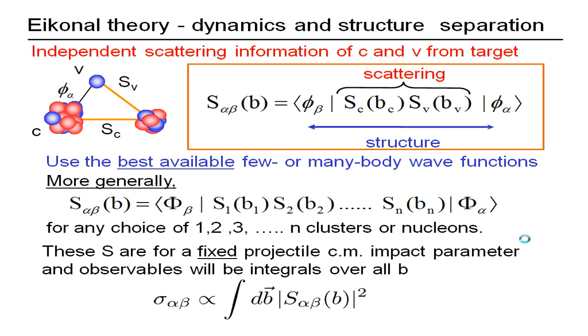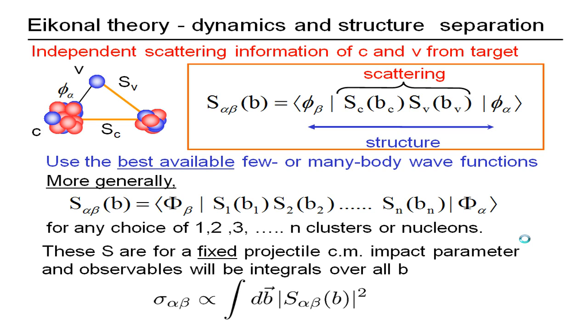Okay, so the way eikonal theory works for a many-body projectile such as this, as I say, there's stuff in the middle describing the scattering, and there's wave functions at the outside that describe the structure. Okay, so if I want the S matrix element telling me the transition from an initial state alpha to final state beta, we can calculate the scattering, compare that with the experiment.